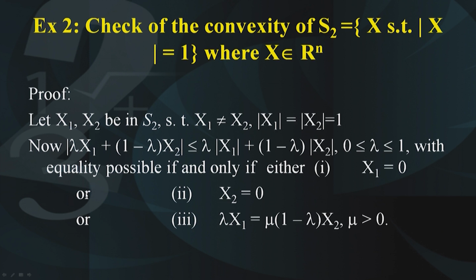Now, we will prove this theorem with the help of contradiction. Let us suppose that the modulus of lambda x1 plus (1 minus lambda) x2 is less than or equal to lambda times modulus of x1 plus (1 minus lambda) times modulus of x2, and of course, the value of lambda has to be between 0 and 1.